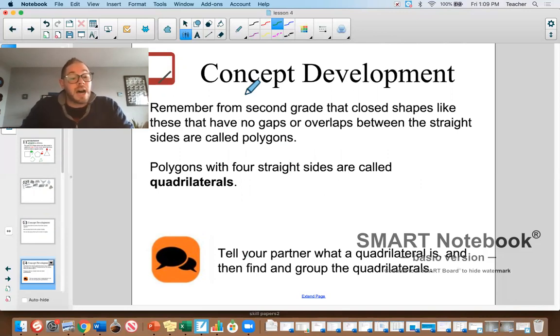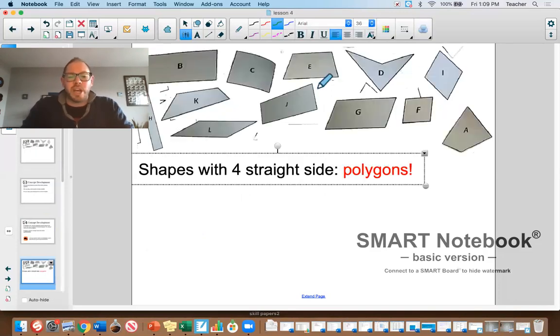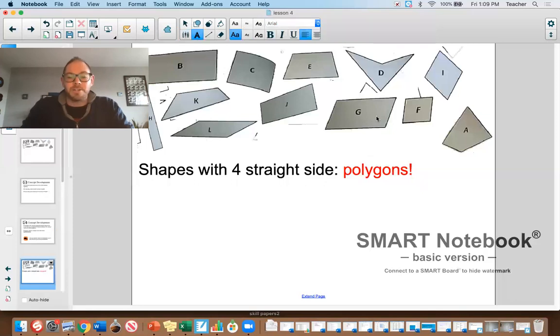Polygons with 4 sides are called quadrilaterals. So let's see if we can sort these shapes into shapes with 4 straight sides. We want to turn them into, well, they're all polygons. We want to turn them all into quadrilaterals.